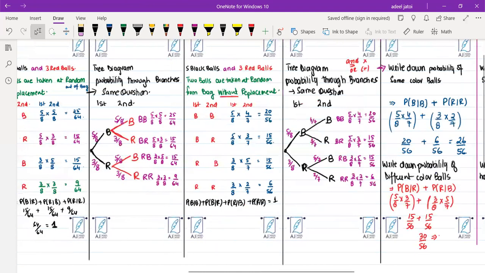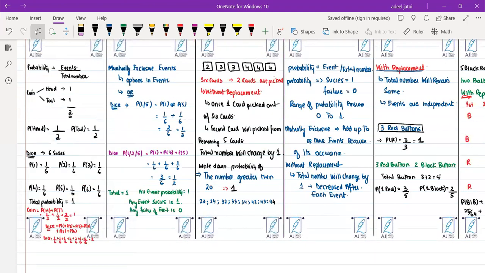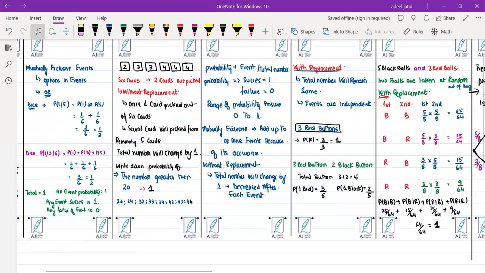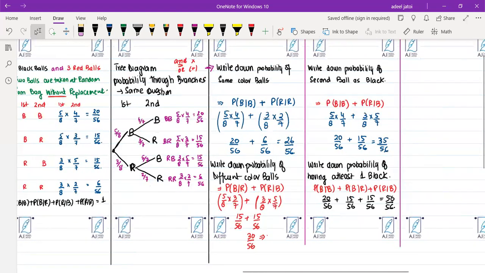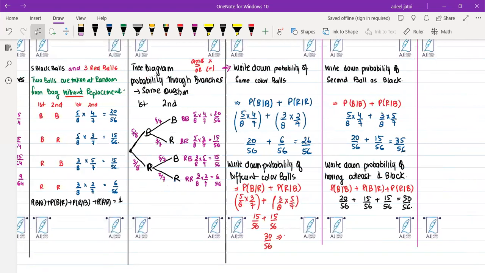So normally we started off with normal head and tail, then based on coin, we worked upon mutually exclusive events, we worked upon with replacement, without replacement. Now remember this, all these questions can be based upon with replacement as well. But for with replacement questions, remember that the total number will not change.